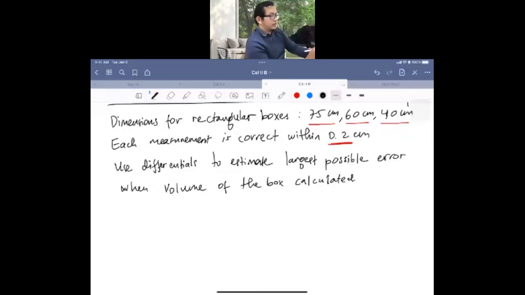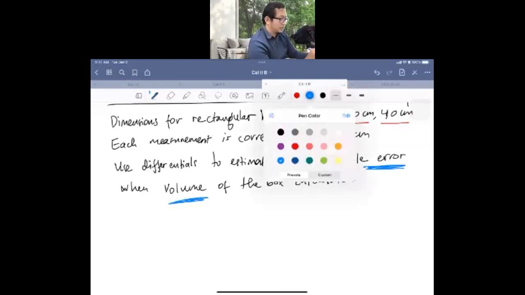So it's asking for the error when we are measuring the volume. I think the question is really direct.